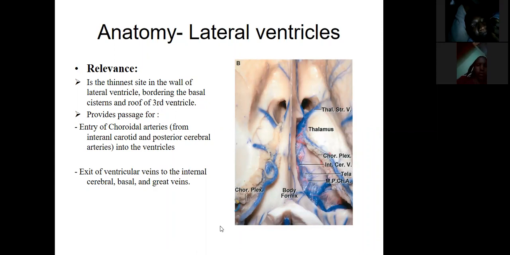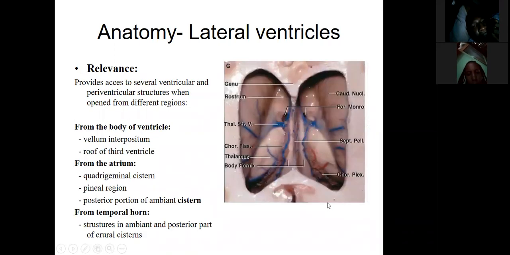It provides passage for the entry of choroidal arteries, vital structures, and the exit of ventricular veins to the internal cerebral, the basal, and the great veins. So it's a really important structure. As we said, it also provides access to several ventricular and periventricular structures, which we'll see just later.